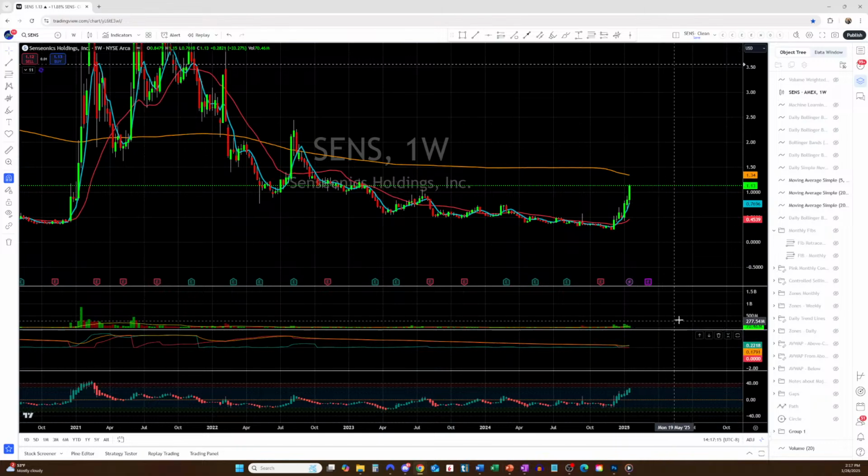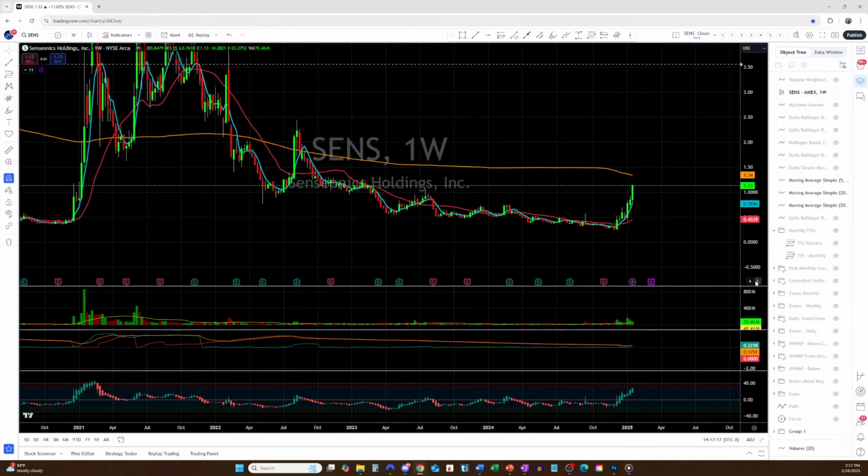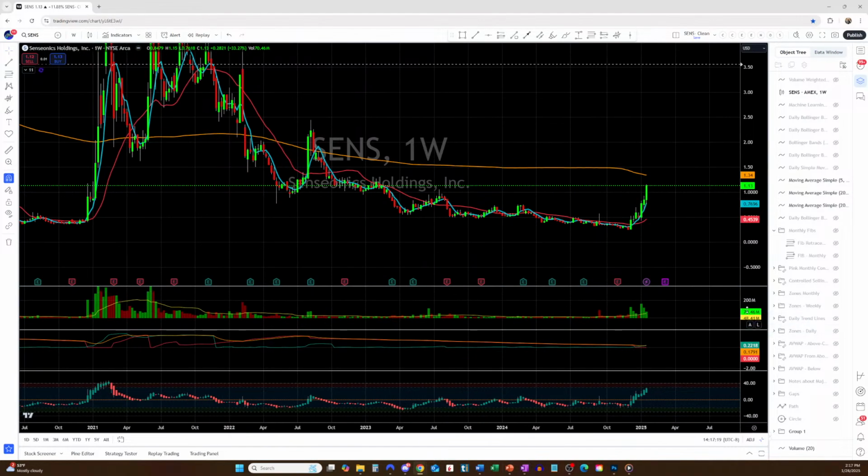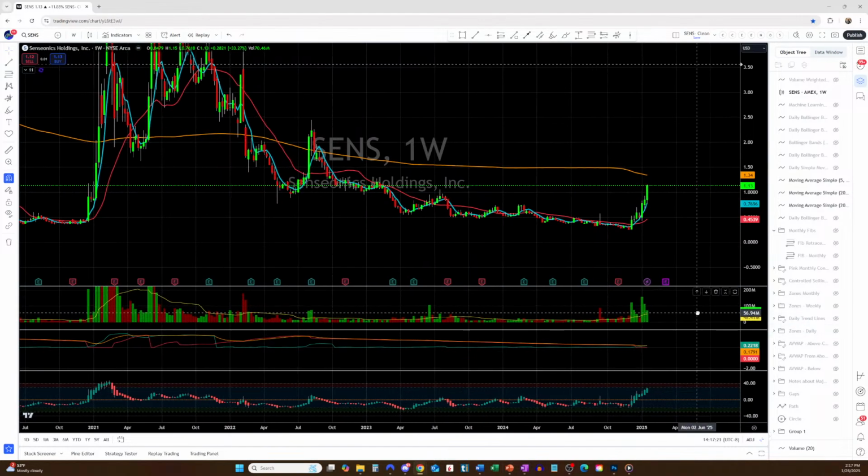Volume-wise, let me expand this a little bit. We've had above average volume over the last few weeks. If you look at the last 6 or 7 weeks, we've had volume continually accumulating here. There's a lot of buying pressure.